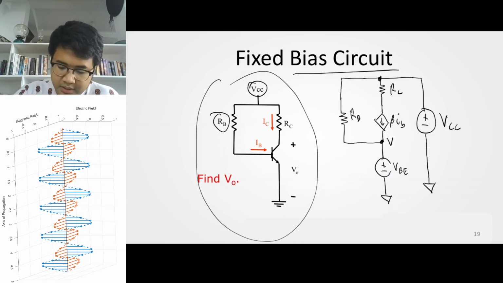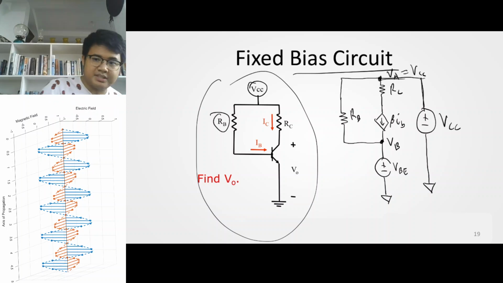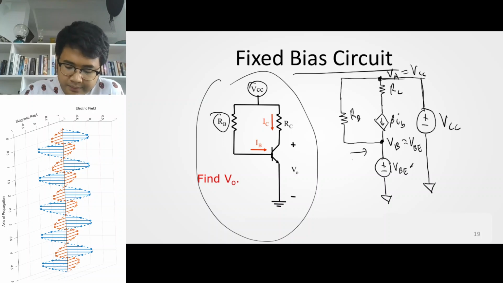Since the ground is already defined, those two nodes will be used. Let this be VB, and let this be VA. Right? Automatically, VA is equal to VCC, since it's connected to VCC right here, ideally. Next is VB. So with VBE connected here, the potential at this node is already VBE. And with that, we can solve for IB.